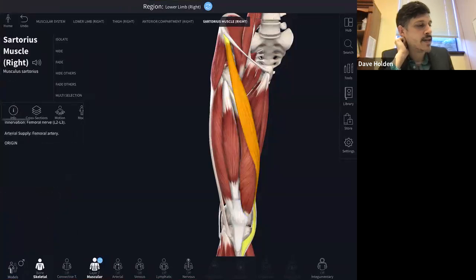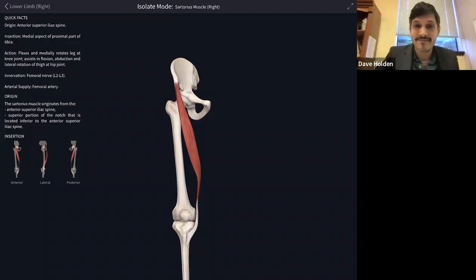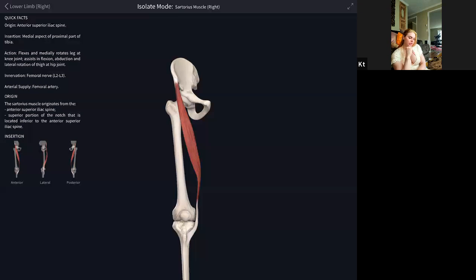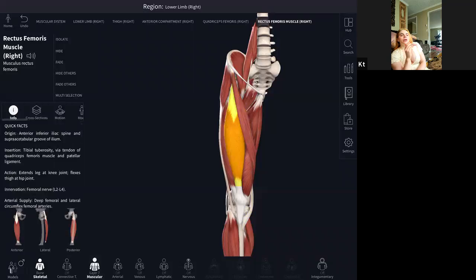Lastly, we have sartorius. Oh, I got a quick question. Yeah, let it rip. Okay. So trying to get a visual on this. If the rectus femoris is the only muscle of the quads that flexes the hip, does that mean that it is what gets activated when you do box jumps?